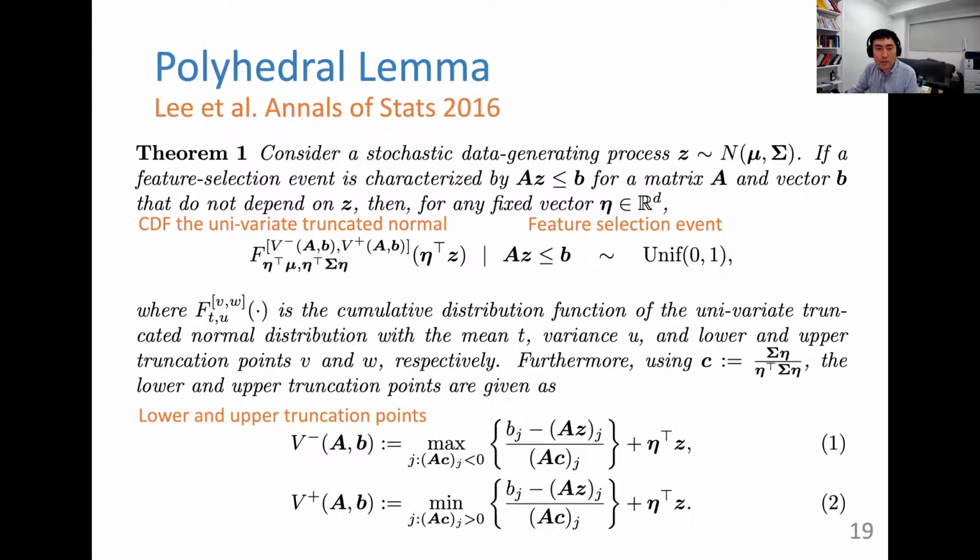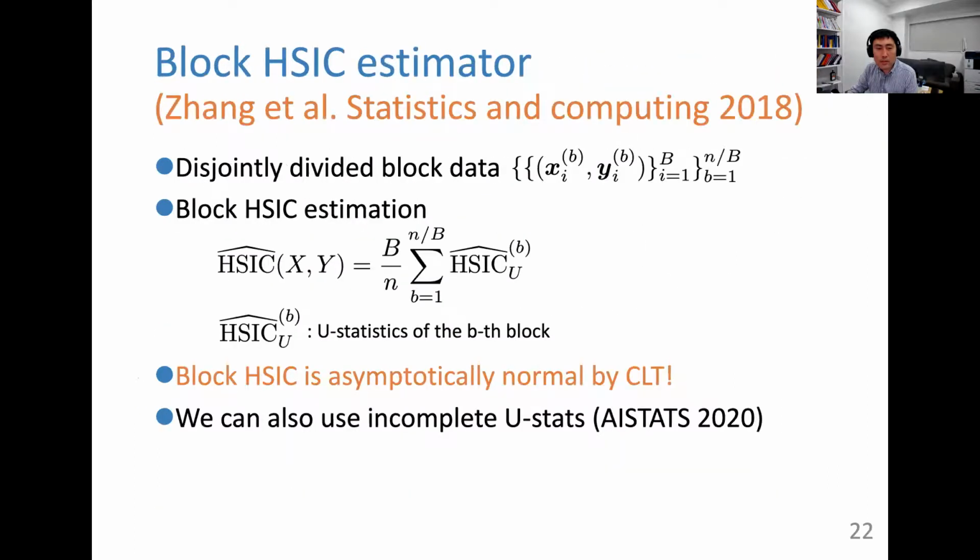Okay, so can I go to the next one? Okay, so until now, I assumed that Z follows the multivariate normal distribution, but actually it doesn't have to be.